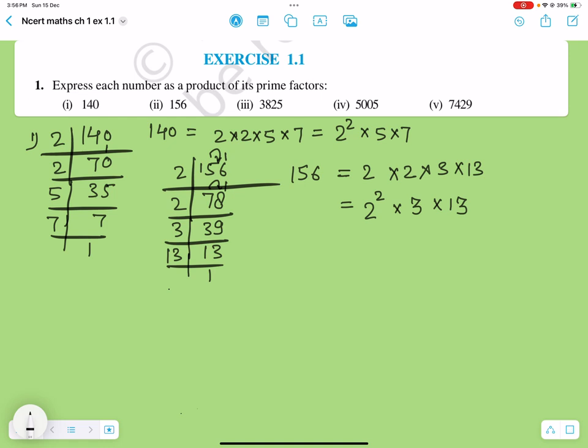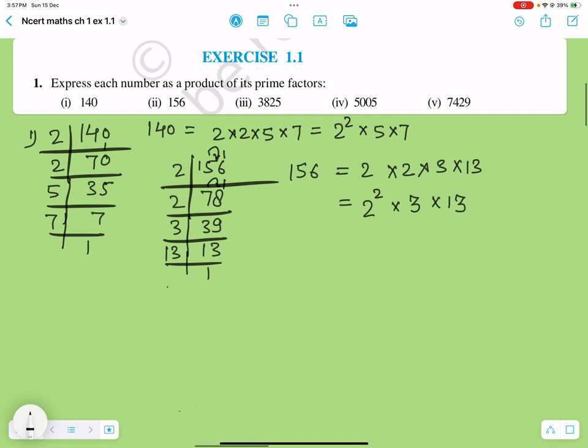All right, students, let's attempt the third number, that is 3825. Because we know the unit place digit is 5, it won't divide by 2.